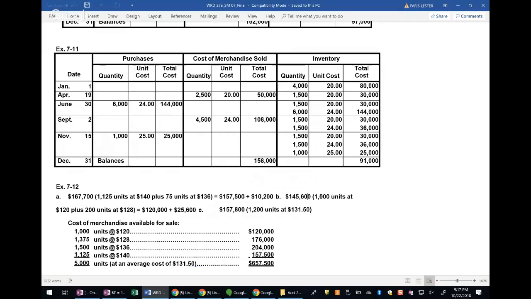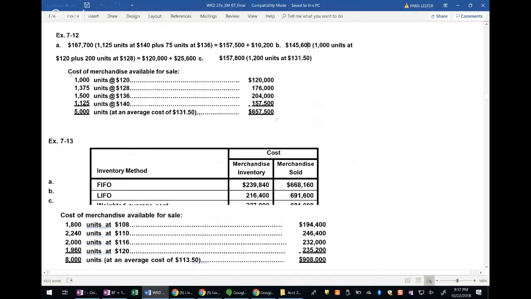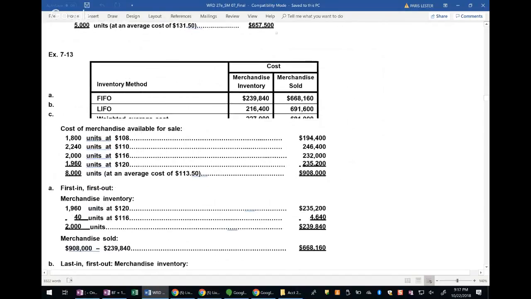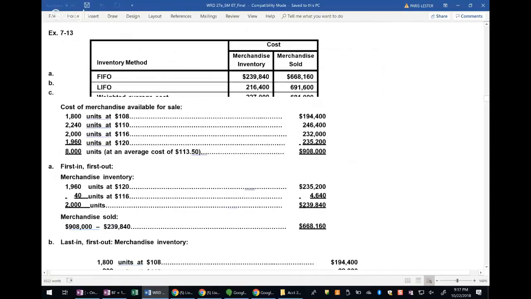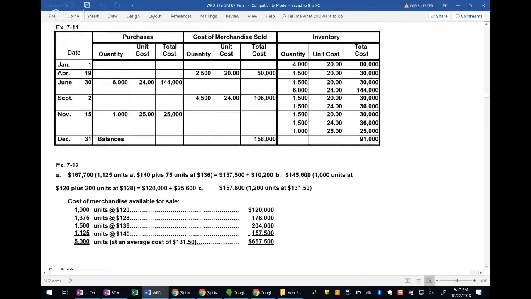Okay, if we went down to number 13, which I didn't ask you to do, but I want to show you number 13. It's asking you for a cost of merchandise sold. Now, somebody tell me on FIFO, this is FIFO, right? 167.7.